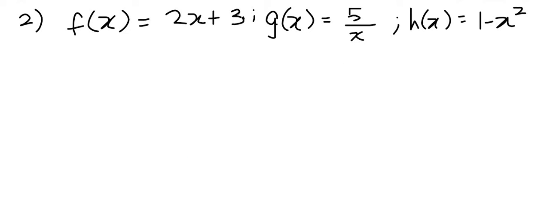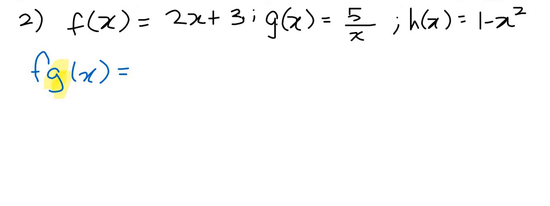Alright, let's look at another example. In this example, we're going to have 3 functions, because I would like to compose different types of functions together. The first one, f(x) equals 2x plus 3, g(x) equals 5 over x, and h(x) equals 1 minus x squared. We're going to try the first question. Let's start out with fg(x). Which is the first function that we need to substitute? The one that is closest to the x.